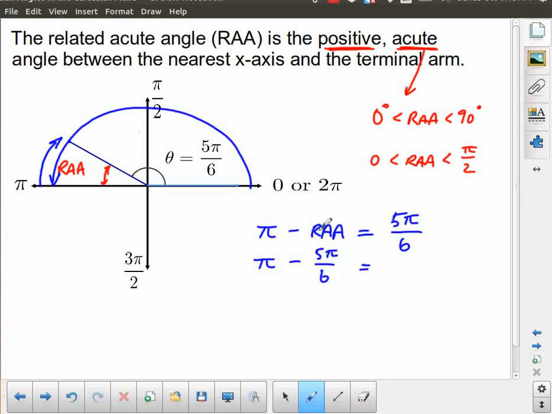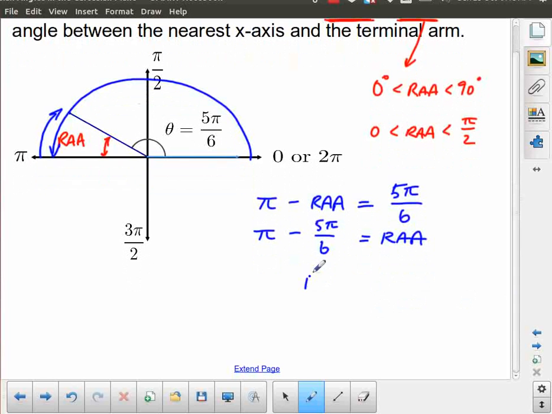And that negative RAA goes to the right side and becomes just the RAA, or the related acute angle. So that results in, if I just rearrange this, the related acute angle is equal to pi minus 5 pi by 6.